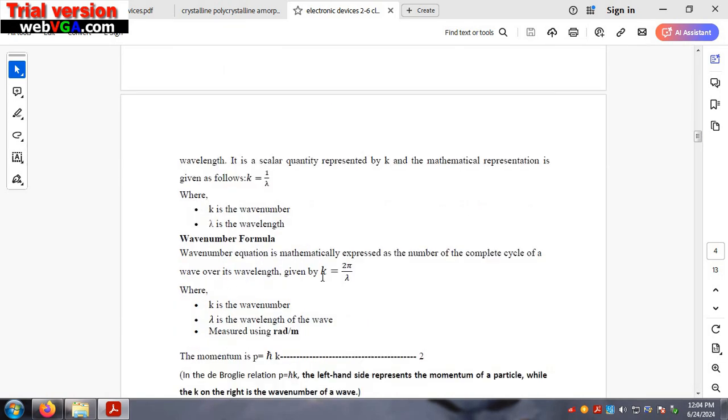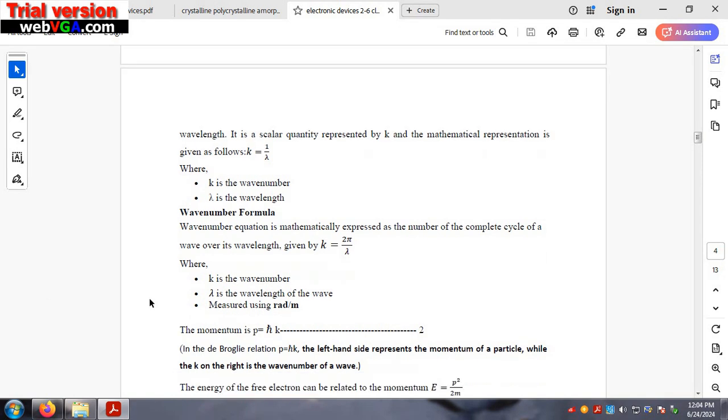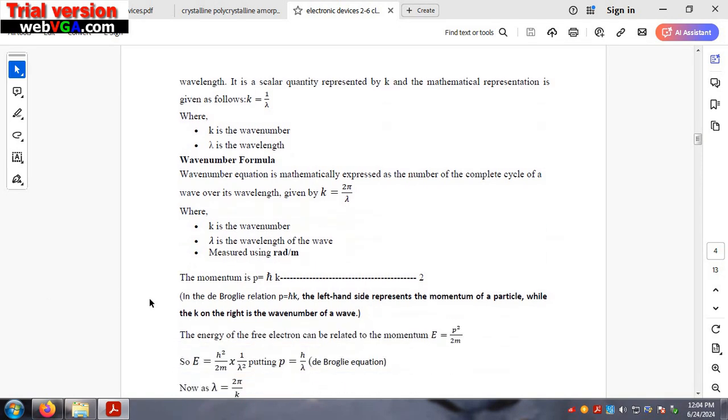Now k is 2 pi by lambda. The wave number equation is mathematically expressed as the number of complete cycles of a wave over its wavelength, where k is the wave number, lambda is the wavelength of the wave, and it is measured in rad per m.